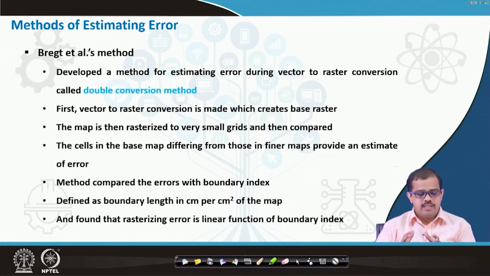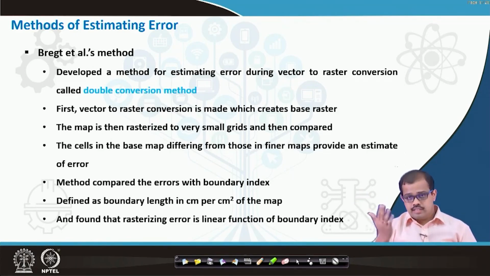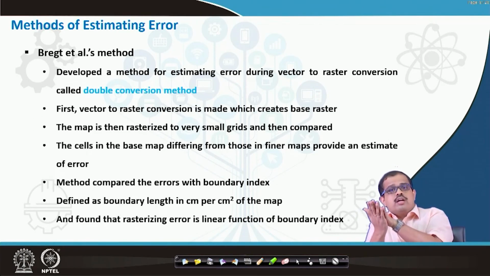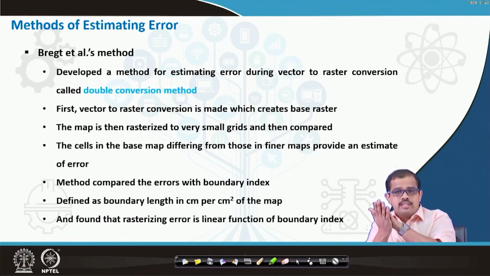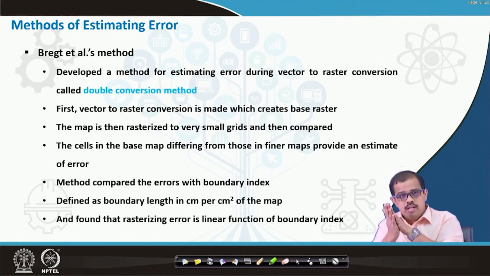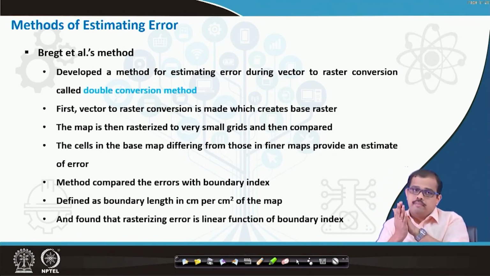Once you have the base vector, the map is rasterized into very small grids and then compared. The base vector is then rasterized. So, whatever your base raster is, it is first created, then the vector map is converted into a raster map. Each of these raster maps is then converted into grids as small as possible and compared with the base raster.